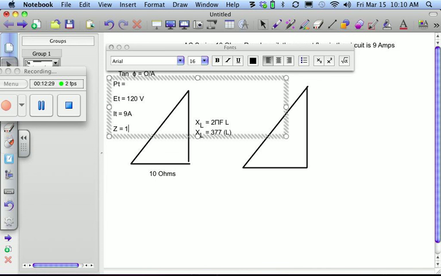And if I could, I'd put a line over the threes just to indicate that that's a continuous number. But we'll just have to remember that. So that's my total impedance.